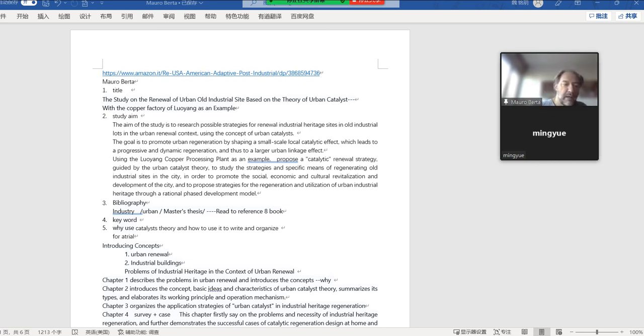Because if you do an index with just the chapter titles, it means that every single title that you place will resume something like 30 to 50 pages. And it is a lot. So it is very hard to understand and to resume the possible contents of a part of your reasoning of such a long text.